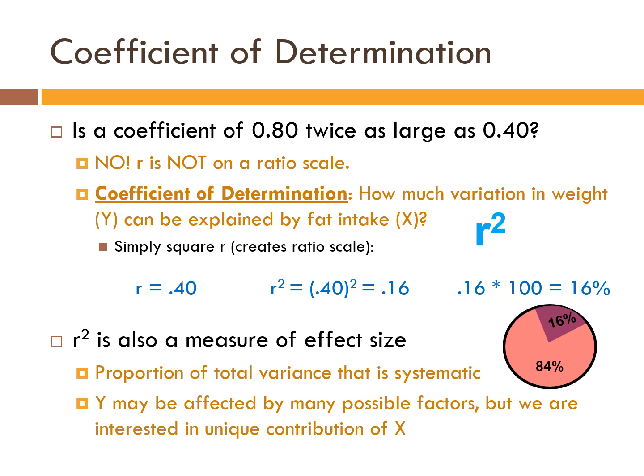So the y variable, your outcome variable, may be affected by many possible factors, but we are solely interested in the contribution of x. That being said, there's still 84% of the variation in our y variable that might be explained by something else. And that's maybe of interest for later.